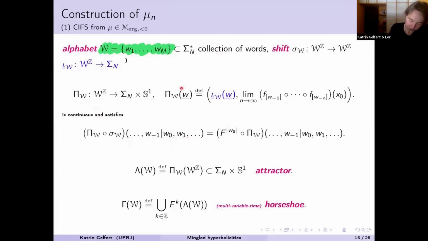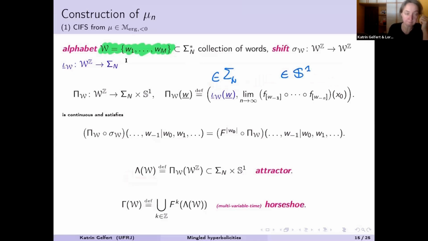Well, you project each bi-infinite word, which reappears here in the first coordinate as an element in your original sequence space, and in the second coordinate you get a point in S1. Okay, so this defines an attractor.